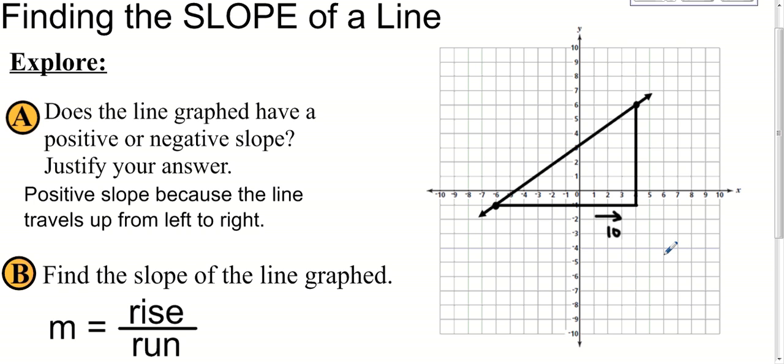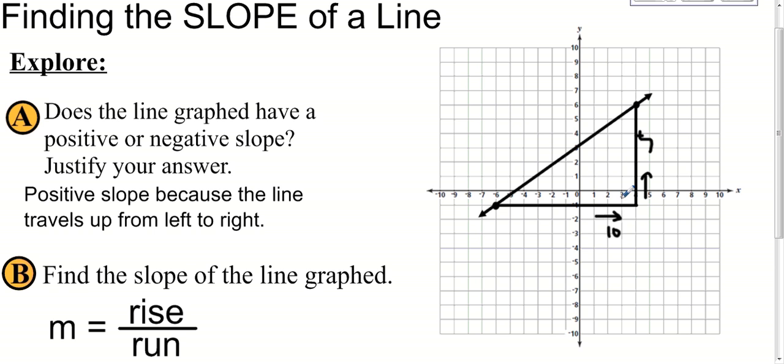Going to the left would be negative. Now we're going to go up to get to that other point, and we're going to count again. 1, 2, 3, 4, 5, 6, 7. Since we went up the y-axis, that's a positive 7.